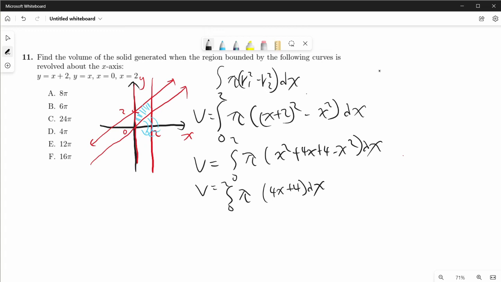We can take the pi and the 4 out. Alright, let's write it over here. So we have 4 pi, x plus 1.